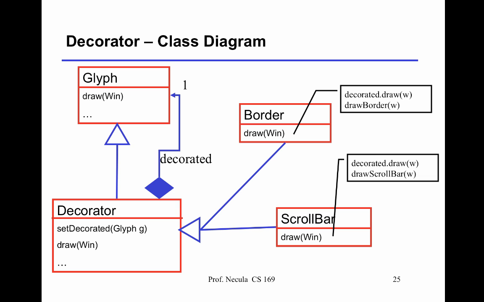This way, we kind of separate the decorator hierarchy from the actual glyph hierarchy by way of this decorator. So these are not attached. These are not subclasses of a glyph. They are subclasses of decorator. At this point, maybe it's a taste question.